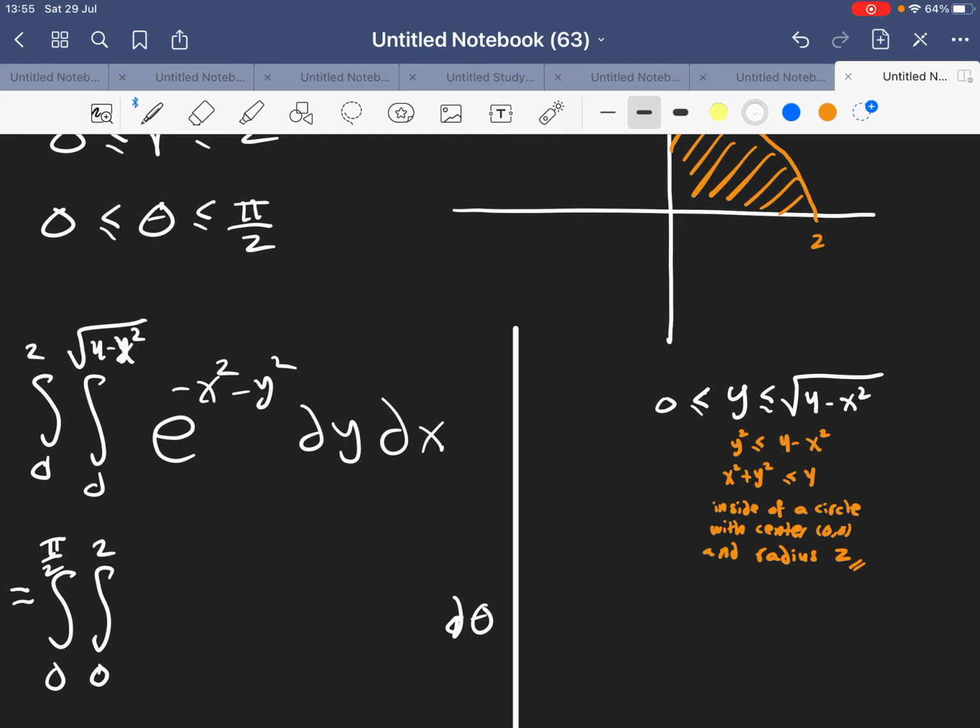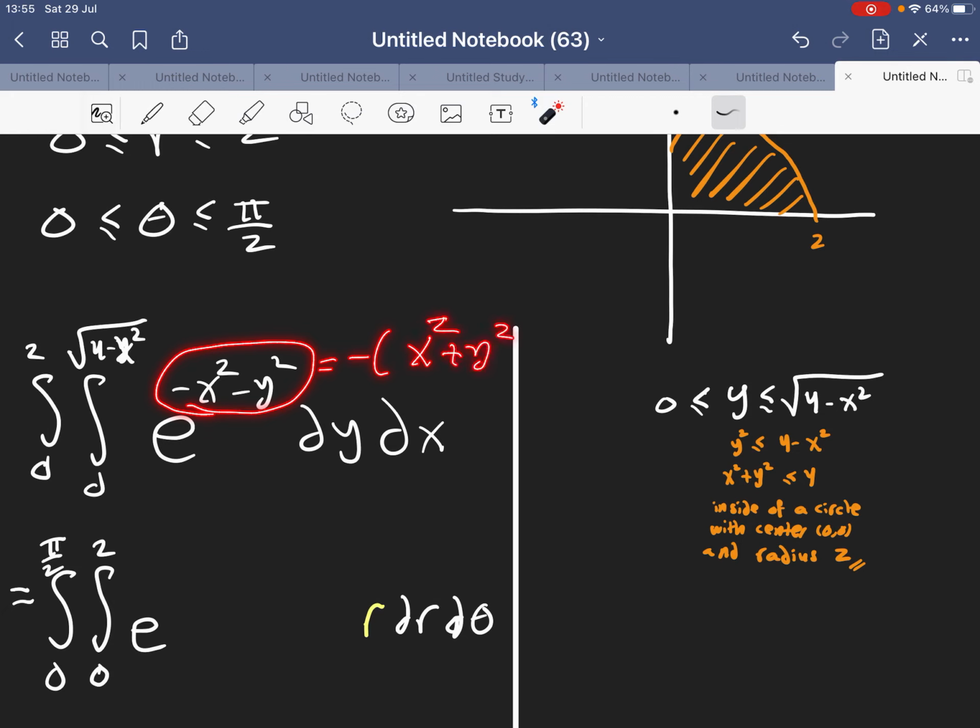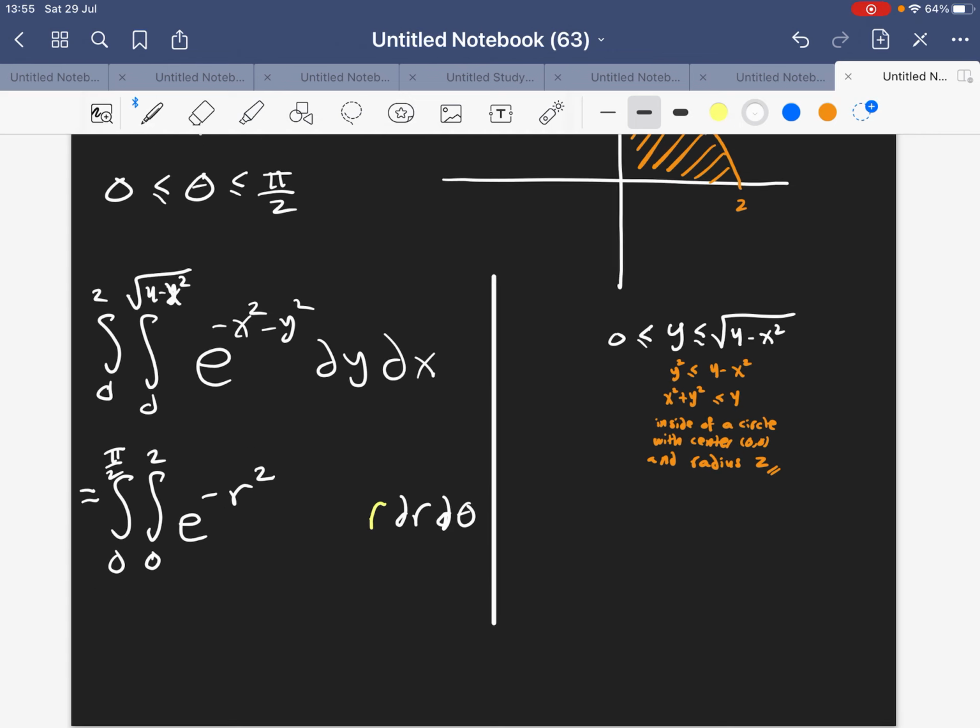The r would go from 0 to 2 dr. Now, remember, we don't forget this factor r here. And now we have to change everything. Luckily for us, negative x squared minus y squared, if we take the minus outside, will be x squared plus y squared, which is exactly r squared. So what we'll get in the top is negative r squared.